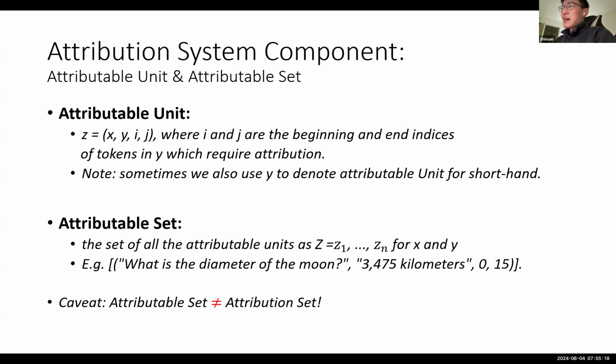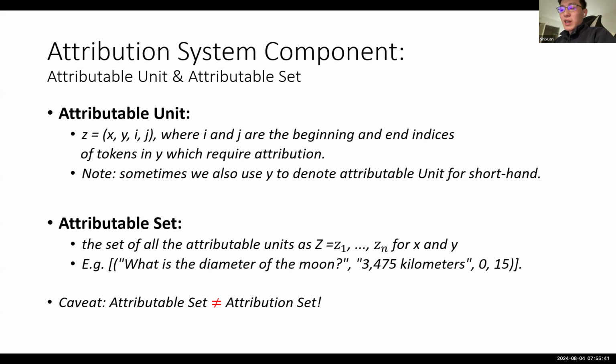After we have defined the attributable unit, we can further define the attributable set. An attributable set is basically a set of all possible attributable units, all the pairs of inputs and outputs. A caveat here is that the attributable set is not equivalent to the attribution set.